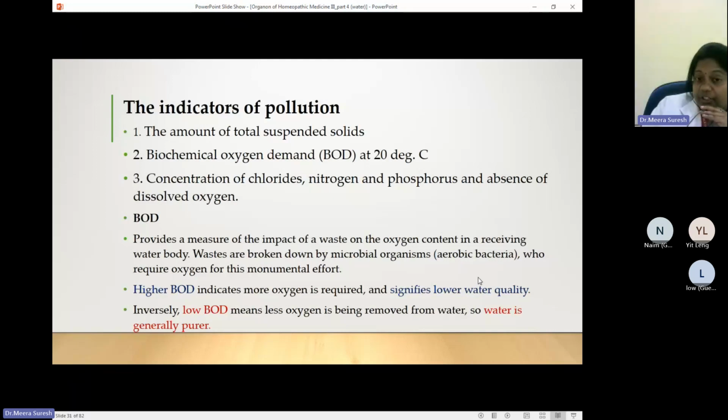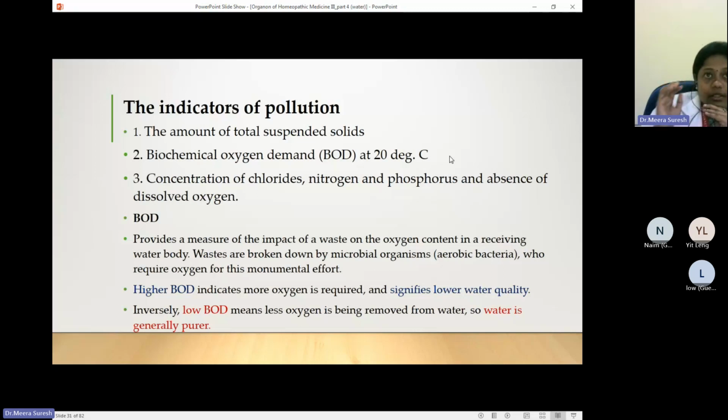At 20 degrees Celsius, if the aerobic bacteria are able to break down the waste but are using a lot more oxygen, then the waste accumulated in that water is of high grade, and the pollution is also very high. So the biochemical oxygen demand will be very high, which indicates water quality is very low.